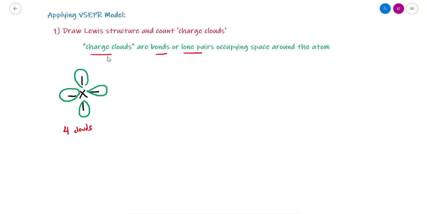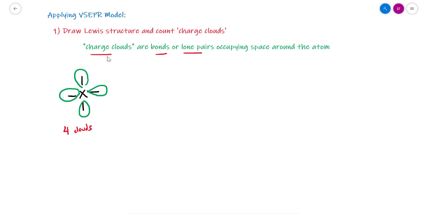Well, they repel each other based on their size, and they form their own independent clouds, and they form their own low energy structure. It's exactly analogous. You could think of each one of these charge clouds as a balloon in real space, and however this would organize itself if you had 4 balloons tied together, that's exactly how it would organize itself at the molecular level.